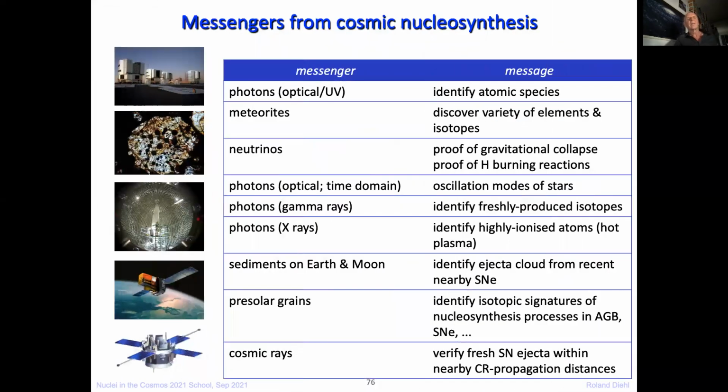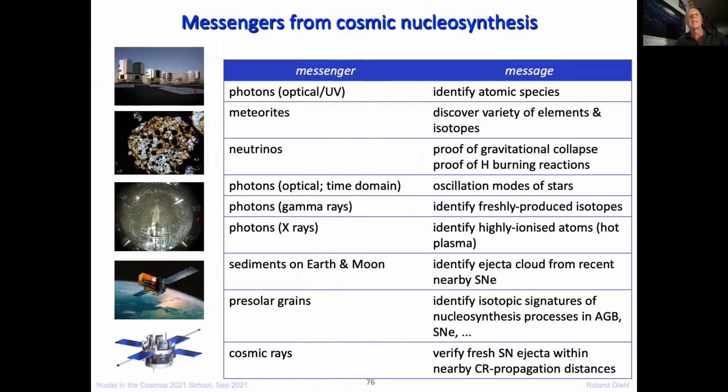So we have gone now in this hour through a number of cosmic messengers, and here is the list again of all the different messengers that we can make use of to make measurements from isotopes in cosmic sites.